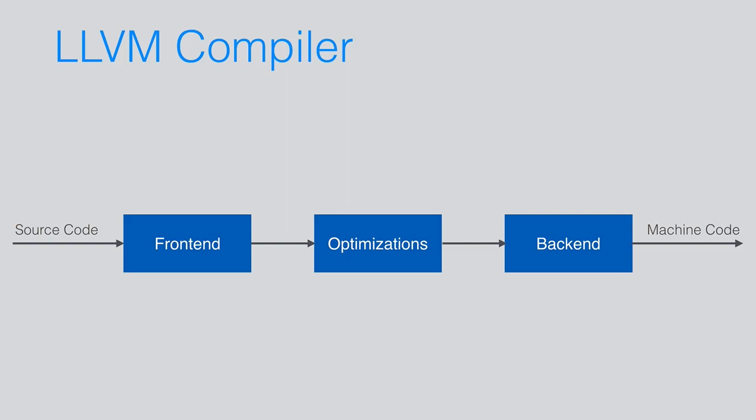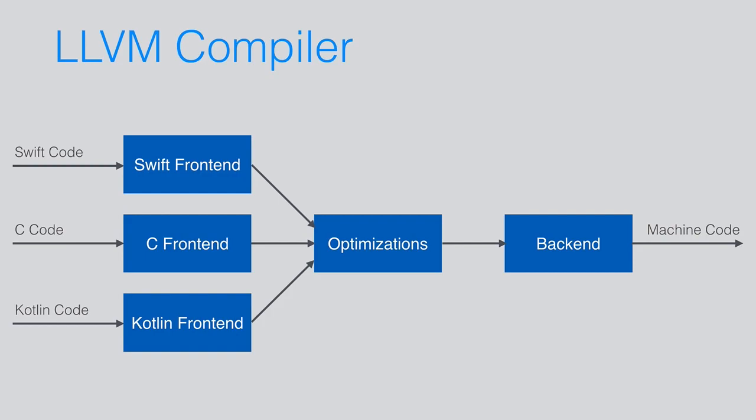But the idea is that you have a front end, optimizations, and a back end. Into the front end comes source code in whatever language that might be. It goes through whatever optimizations the compiler chooses to do, which are oftentimes dependent on the architecture of the machine, dealing with little and big endian and different kinds of things like that. And then the back end actually translates that to machine code.